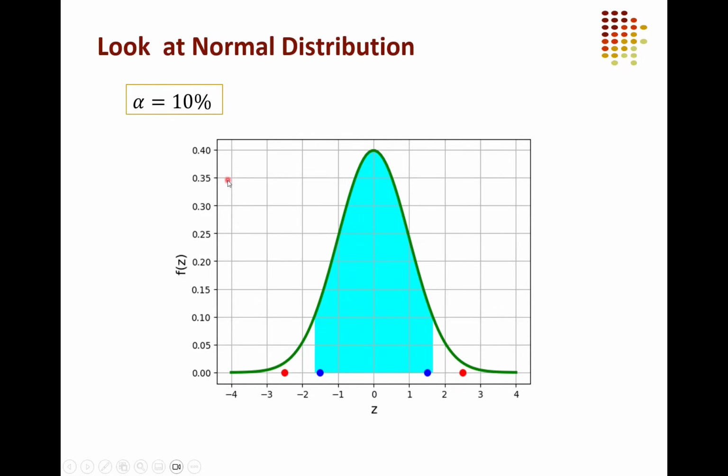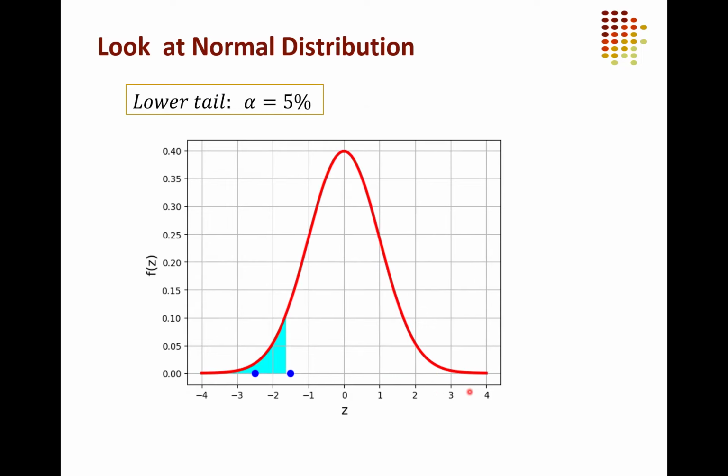Similarly, if alpha is defined as 10%, then we have a smaller confidence interval and the significance level has been increased. In some hypothesis testing, when we are interested in looking at variation in the mean to lower values, we can define the significance level in the lower tail.